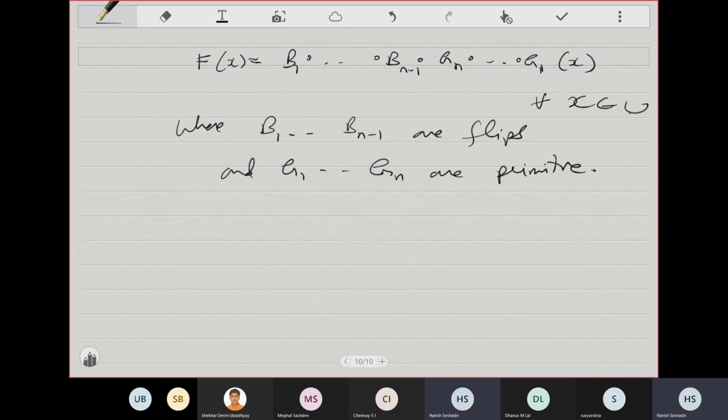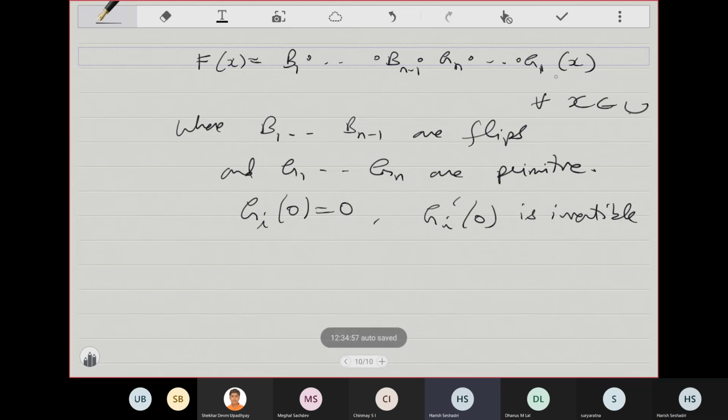And what else? Each Gi is primitive, and we can take Gi(0) equal to 0. Gi prime at 0 is invertible. It's easy to see that Gi prime at 0 is invertible, because from the chain rule, the derivative of f at 0 will be a product of various derivatives.